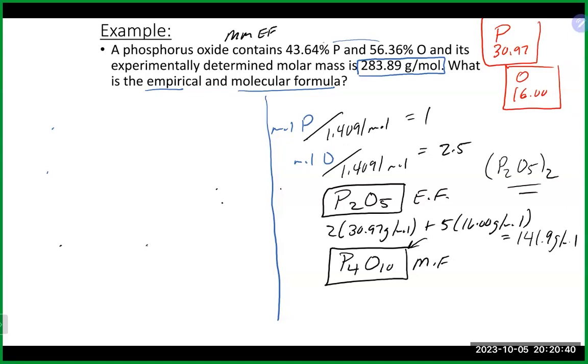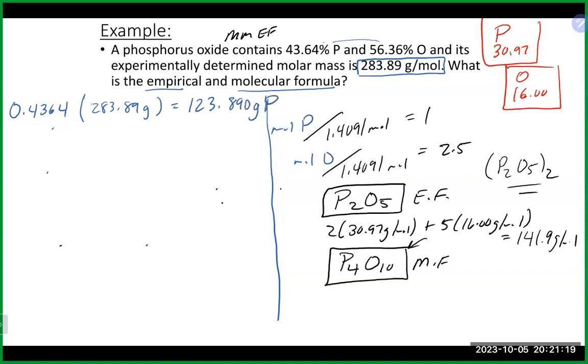oxygen grams. So if I take the phosphorus and turn my percentage into a decimal, 0.4364, which is taking the 43.64% and dividing by 100, and I multiply it by the molar mass, which is 283.89 grams, that would tell me that I have around 123.890 grams of phosphorus.